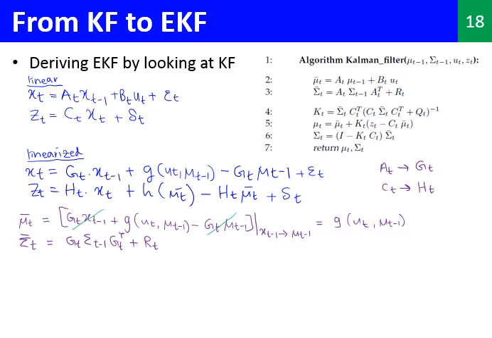We have K t equal to sigma t bar H t transpose, so we are substituting for C t, then H t sigma t bar H t transpose plus the measurement noise covariance Q t, and inverse.